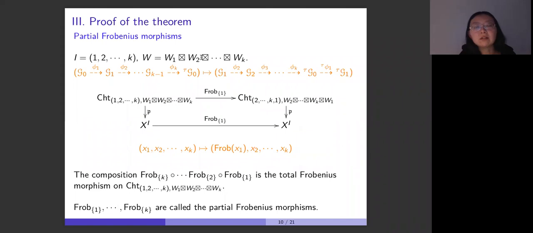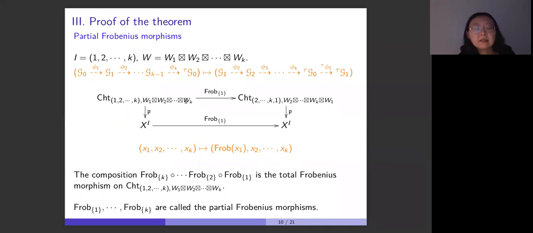Each W1, W2 is a representation of G hat. And the stack of shtukas classifies a chain of modifications of G-bundles, where the last one is the inverse image by Frobenius of the first one.